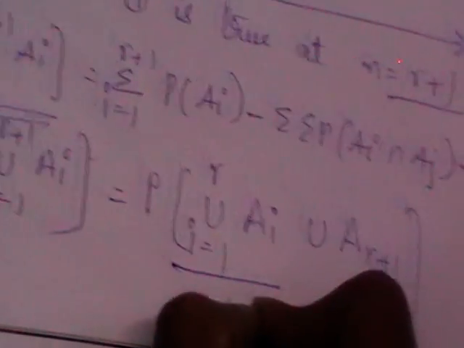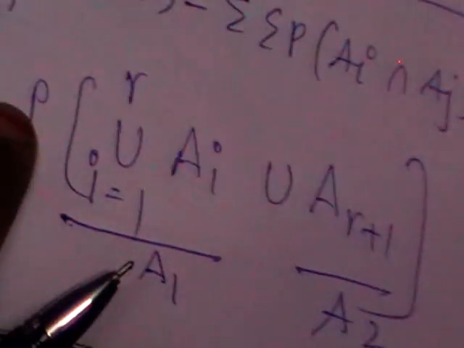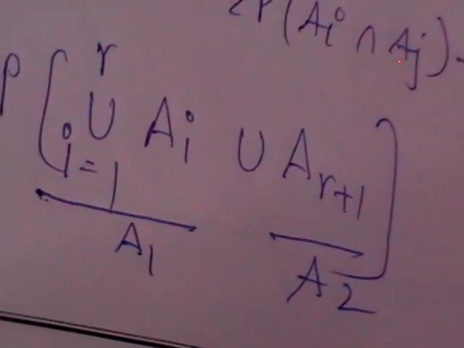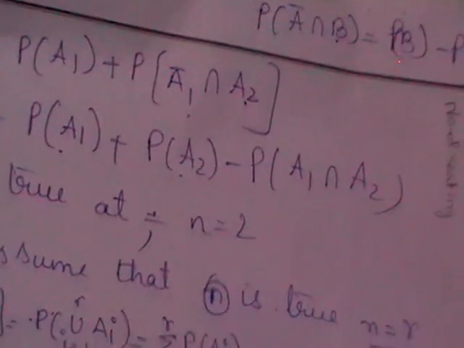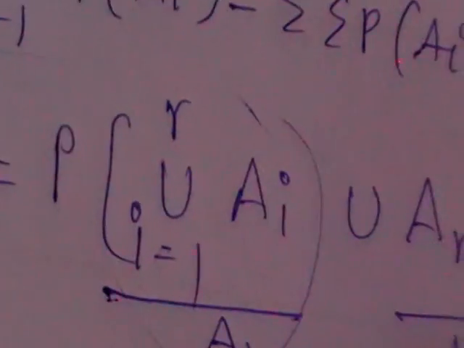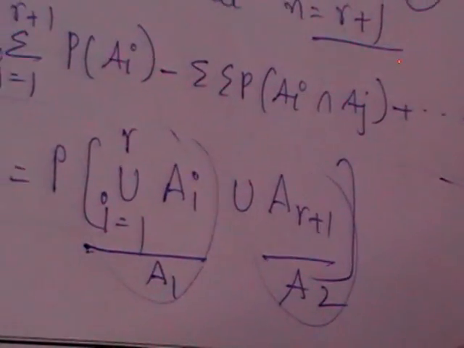So if I take this as A1 and this as A2, it is in the form of P of A1 union A2. We know that P of A1 union A2 is equal to P of A1 plus P of A2 minus P of A1 intersection A2. So it is also in the same form, where in place of A1 we have union i equals 1 to r of Ai, and in place of A2 we have A(r plus 1).